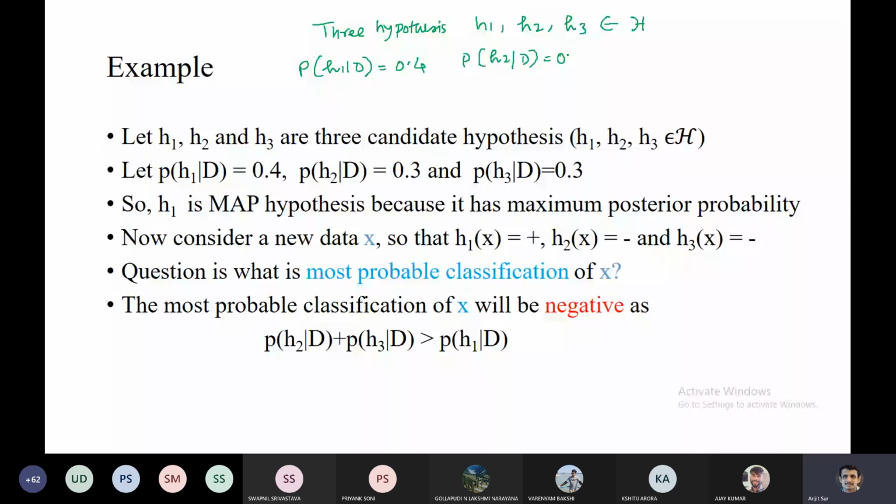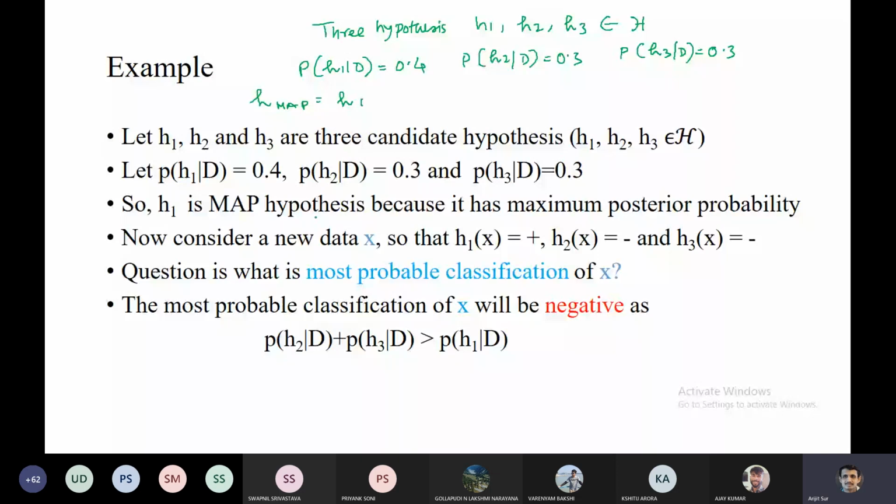So what is H MAP? It's very easy. H MAP is definitely H1 because it is the highest. The probability of H1 given D is greater than either H2 given D or H3 given D. So it is the maximum possibility, and H1 is the MAP hypothesis.